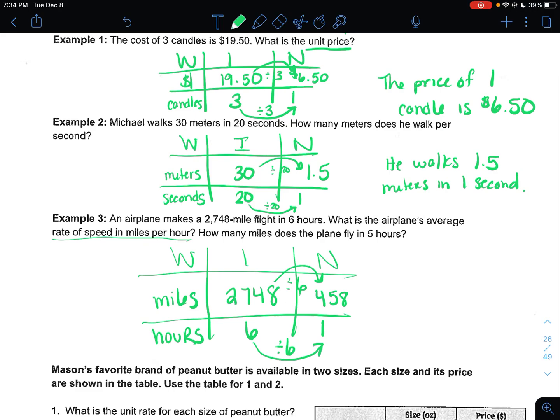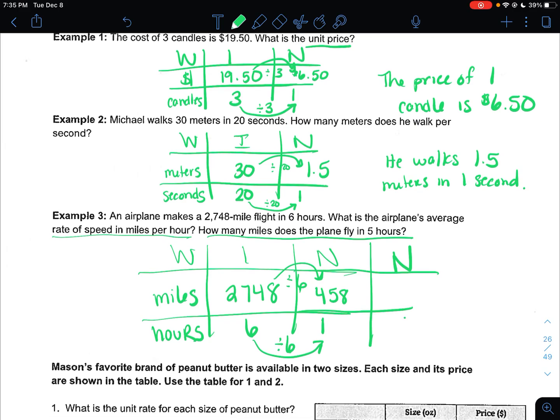But wait, there's more. How many miles does the plane fly in 5 hours? So we're actually going to double-dip on our hashtag. So from the 458 miles in 1 hour, I could easily figure out how far it'll go in 5 hours.